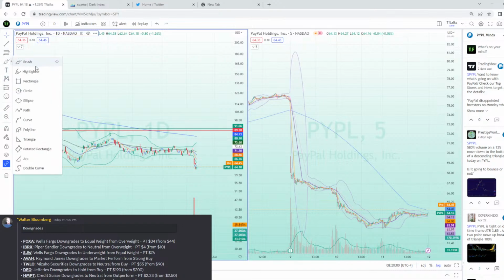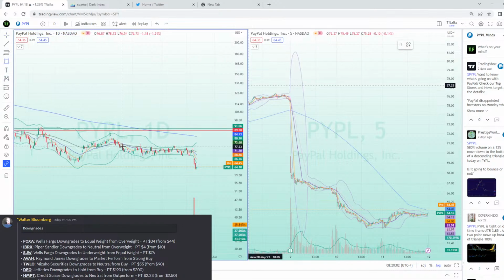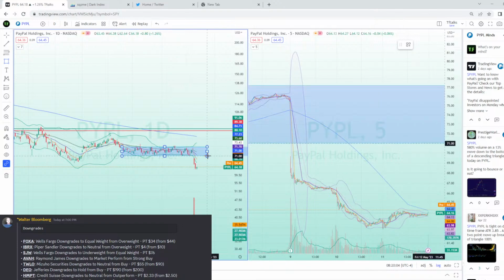Where is the rectangle? Rectangle over here. Okay, so yeah, it's pretty clear. This stock basically broke down to another lower level, and I would short this one.